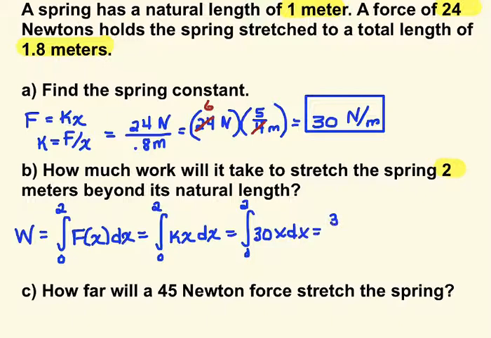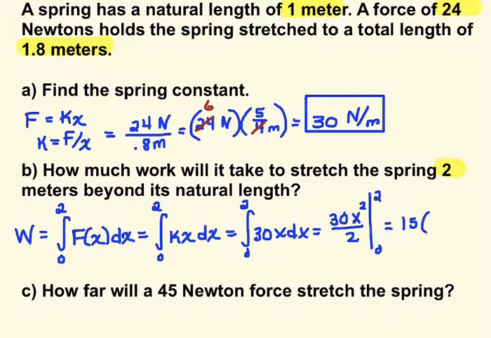Now we can integrate. That's going to be 30 times x squared, divided by 2, and we're going to evaluate this from 0 to 2. Well, 30 divided by 2 is... there's a mistake. 30 divided by 2 is 15, there we go.